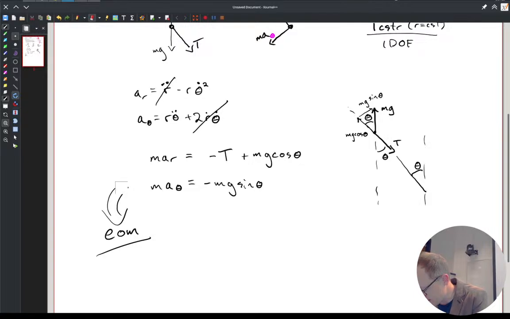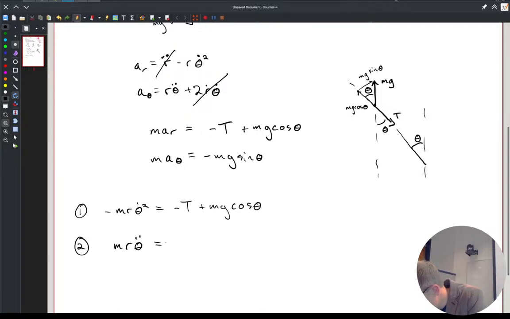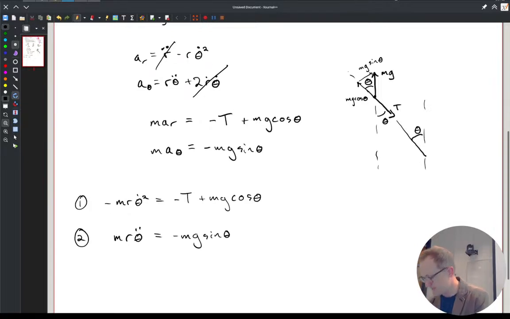All right, so we're gonna delete the magic arrow, start plugging in values, right? Negative m r theta dot squared equals negative T. That's one equation. My second equation is m r theta double dot equals negative m g sine theta.